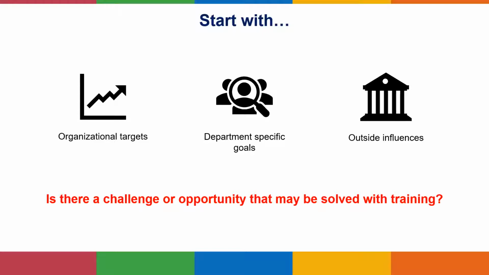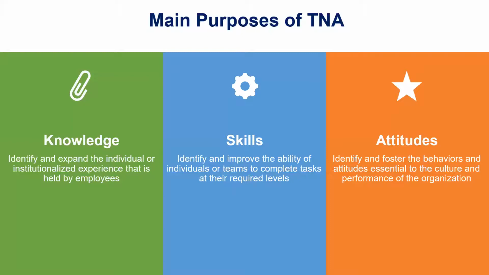And you don't want to train everybody in 18 steps if we're going to be changing the process to a better 2-step process down the line, or more importantly, we should be looking at changing that process now so that we can get started on new training that teaches them that 2-step process. And that becomes the main purpose of a training needs analysis.